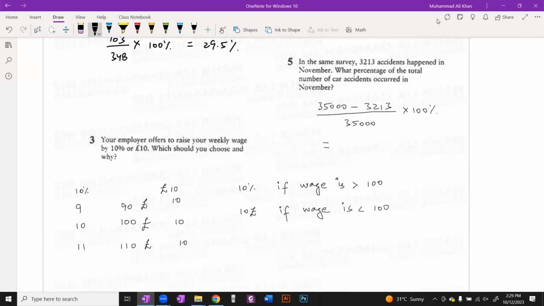What is the result? बेटा इसका फॉर्मूला क्या है? Difference divided by original multiplied by 100%, right? So the difference is 35,000 minus 3213, divided by original multiplied by 100%. 19. चेक कर लेता हूँ.